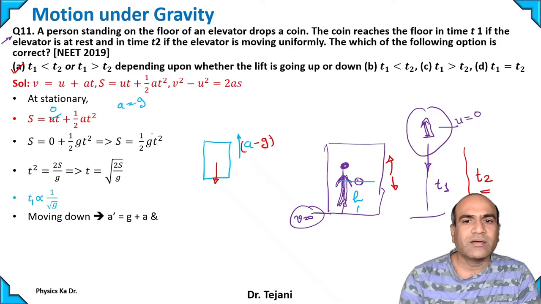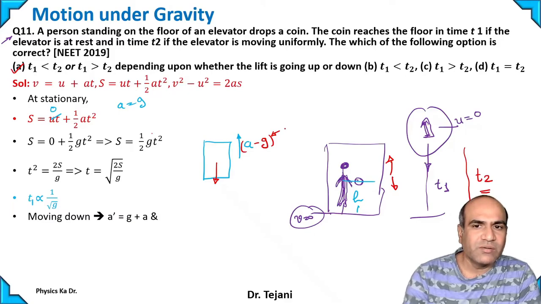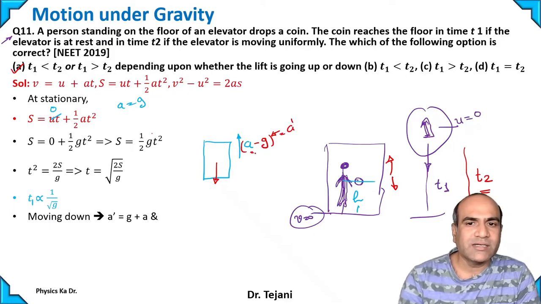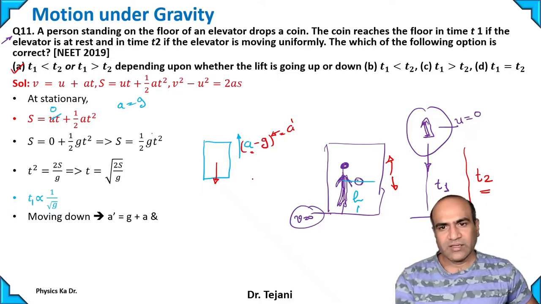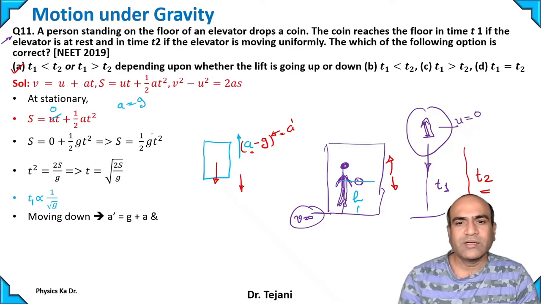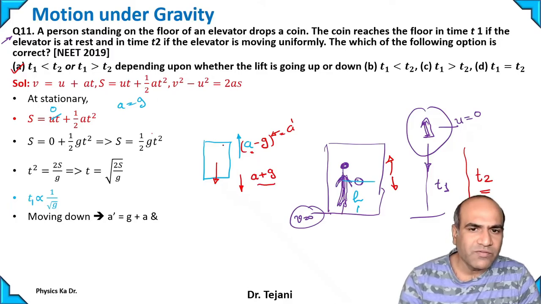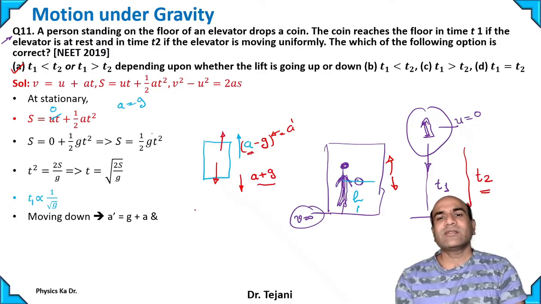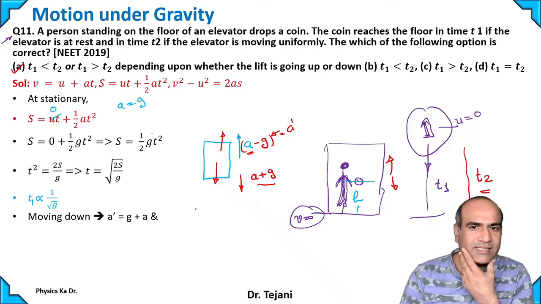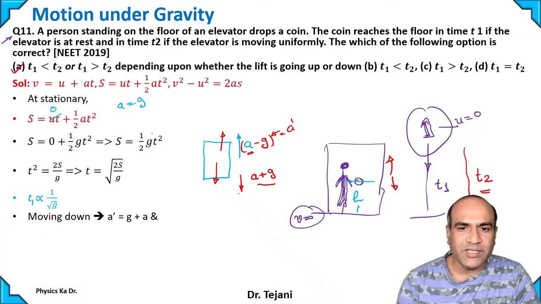The resultant acceleration will be a minus g. When the body is moving in the downward direction, it is a plus g, because g is supporting. So total acceleration becomes like that.